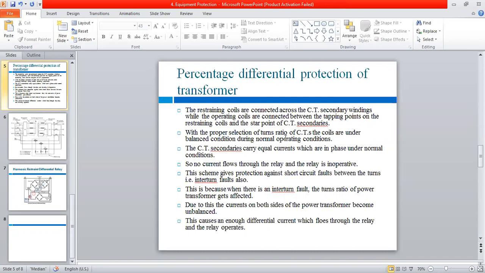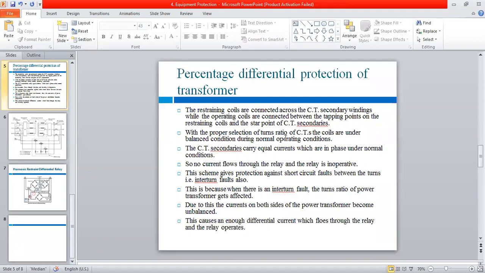But when there is any fault, suppose an interturn fault is occurring, means there is some damage in the insulation or weak insulation, then the turns ratio of the transformer gets affected. I told you, when there is an interturn fault, the turns ratio of the transformer gets affected, and due to that the current on both sides of the transformer becomes unbalanced.